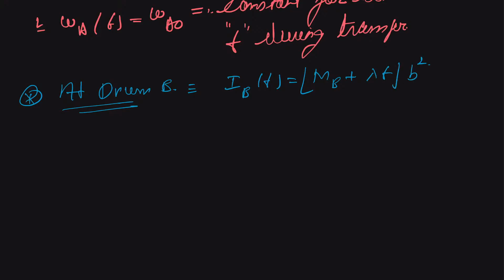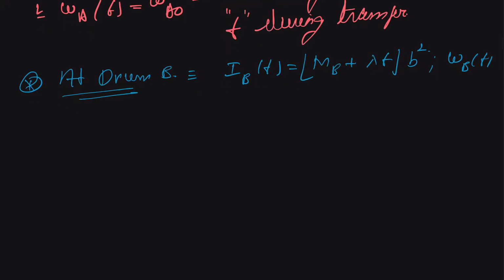Okay, and we have taken that its angular velocity is ω_B(t) at a certain time t. Initially it was equal to 0. And here also we are going to use the fact that from A a small mass dm is coming out, and that small mass dm is going to stick to our drum B.